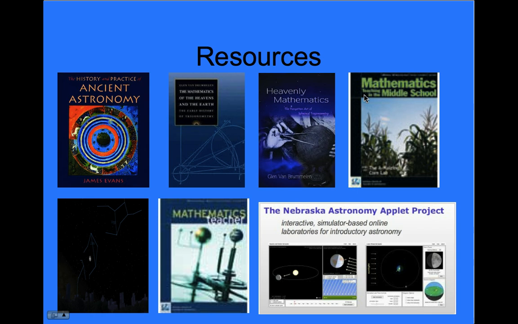The main resource that I used for this was a book called History and Practice of Ancient Astronomy. I also used these two books, The Mathematics of the Heavens and the Earth, where I took the title of this presentation from, and Heavenly Mathematics.